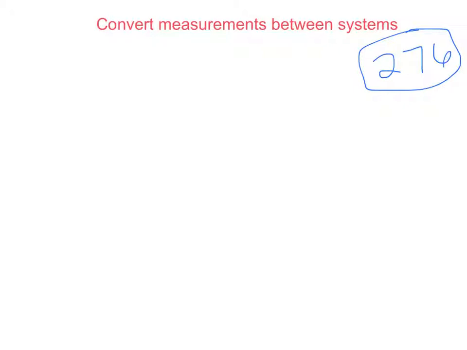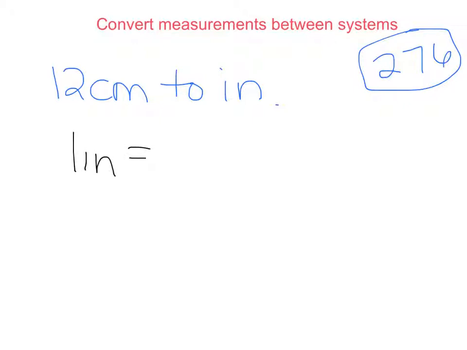So let's look at an example of 12 centimeters to inches. So this wants me to turn 12 centimeters into inches. Well, without having that page 276, I'm not sure how many centimeters are in 1 inch. So if you refer to the page, you see there that it says 1 inch equals approximately 2.54 centimeters.